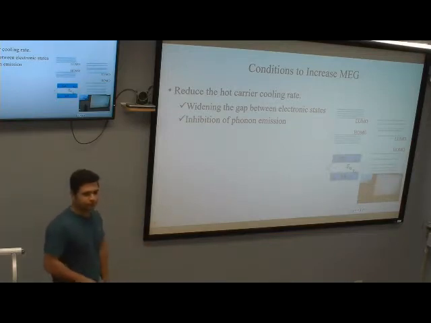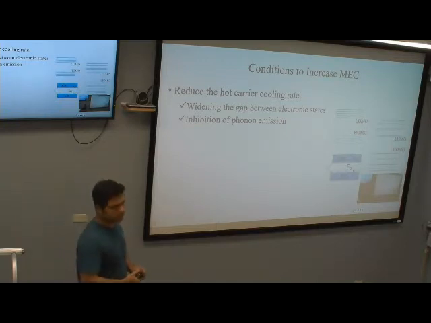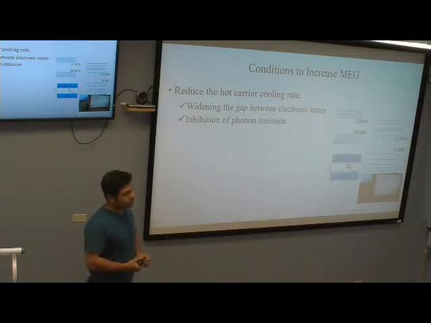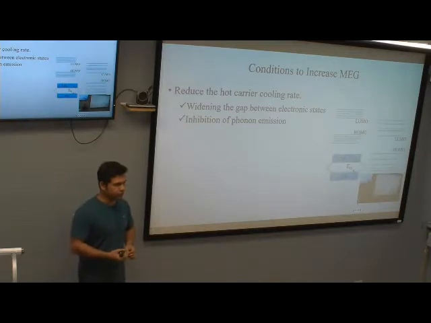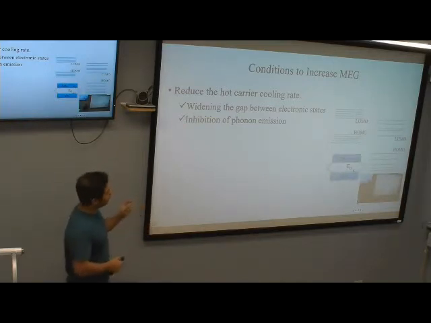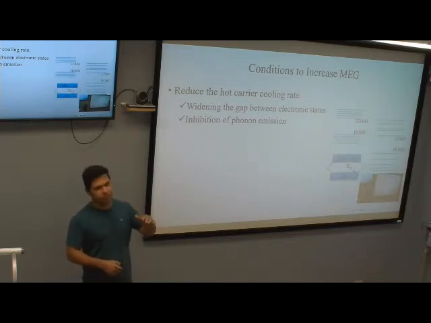Are there any requirements on the band gap of the material for increasing MEG? Does the gap play any role? Yes, obviously. It's about utilizing the whole solar spectrum, because to get MEG we need to excite at minimum twice the band gap, theoretically.